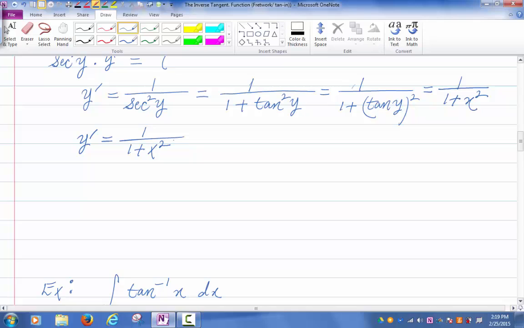So that means the derivative with respect to x of tangent inverse of x is 1 over 1 plus x squared.